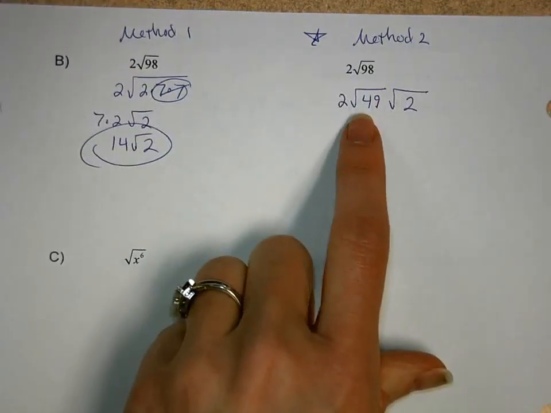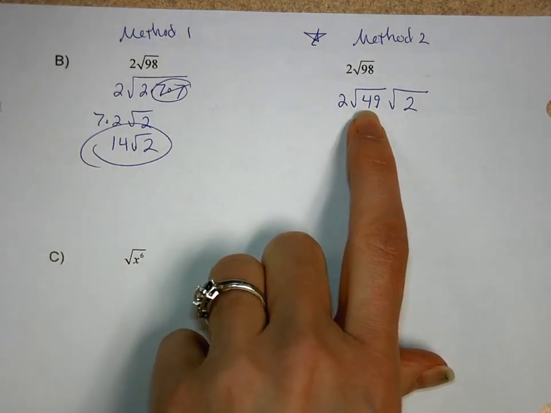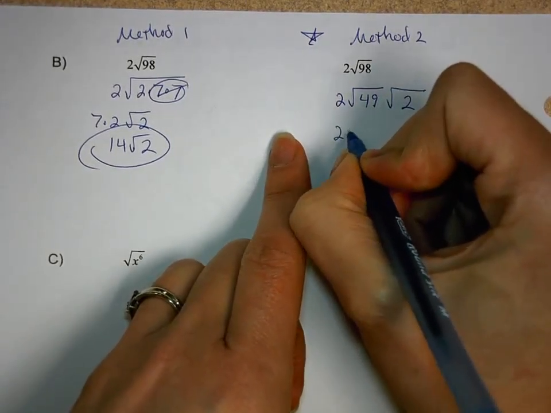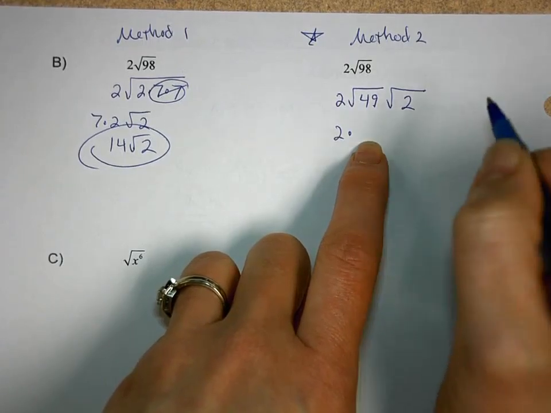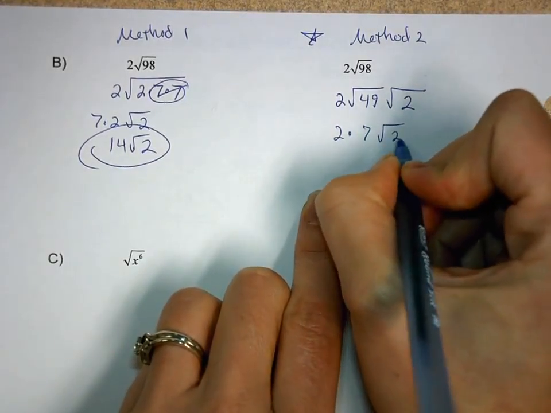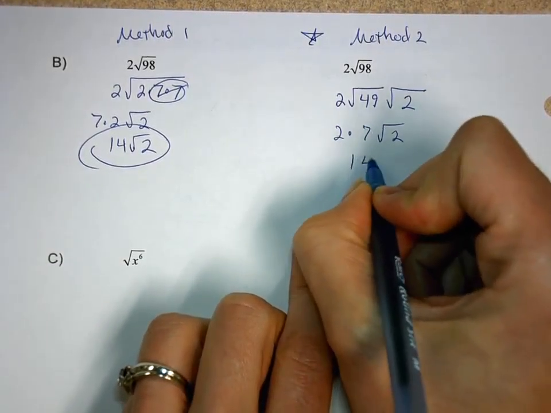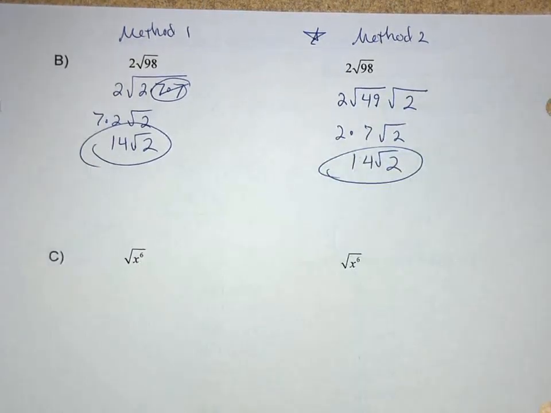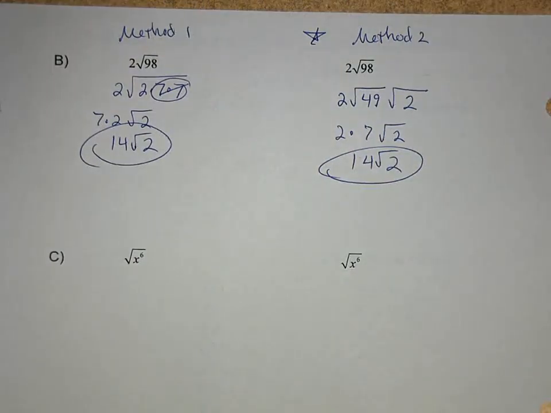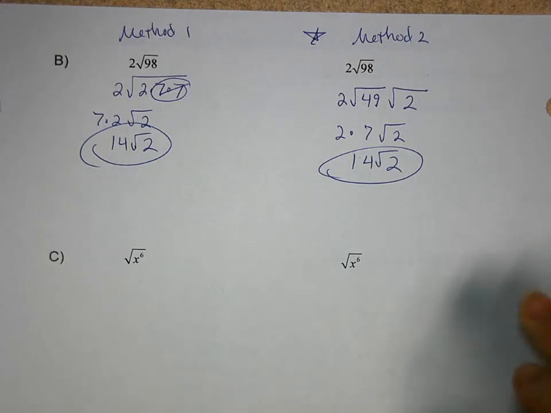So this is the one that I take the square root of. So I get 2 times the square root of 49. Well, what's the square root of 49? 7 times root 2. I get 14 root 2. In this case, it even took about the same amount of steps. Pick which method works best for you and always own it, okay? Learn it well when you're working with it. Now, here's one.